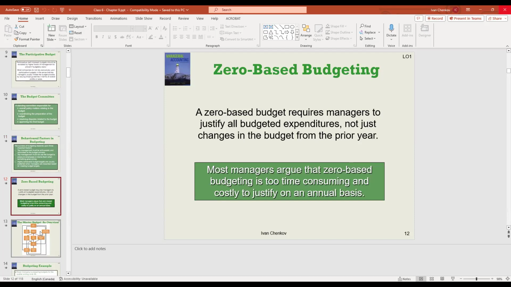Well, even though it's a good thing to start from scratch, it takes a lot of time. So most managers argue that the zero budget is too time consuming and costly. At the end of the day, don't forget, as managers we always have to consider cost versus benefits. If the benefits are less than the cost, obviously we're not making the right decision.